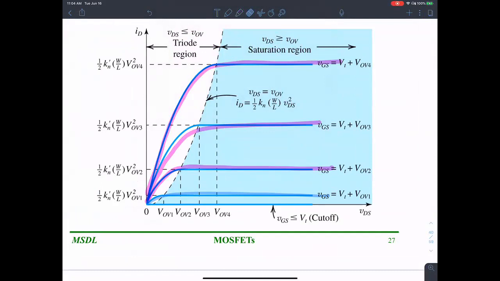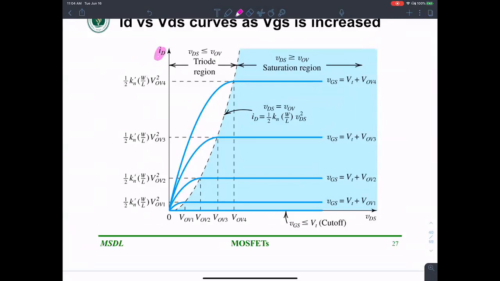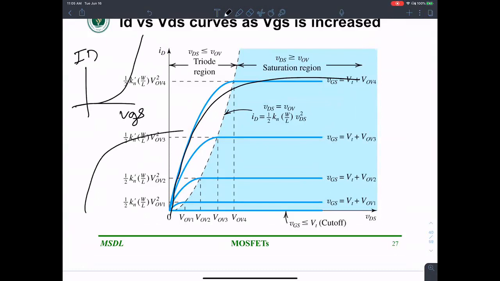So it's possible to plot a family of curves in terms of VDS versus ID. VDS versus ID has this form. VGS versus ID in saturation has this form.